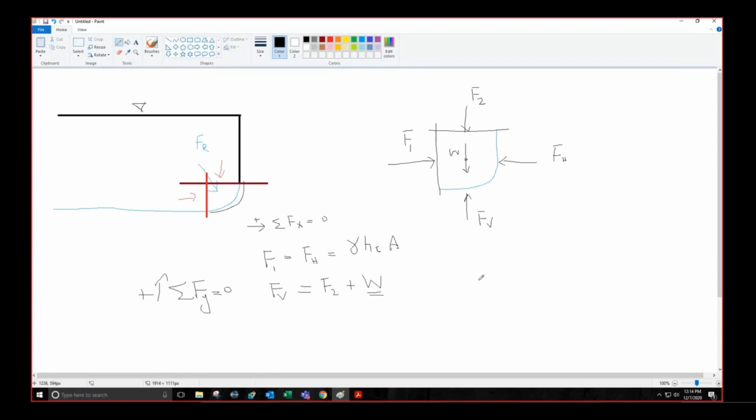So you will resolve that into two components, W1 plus W2, depending upon the weight of the gate and the weight of the fluid. And F2 is the force on this projected surface, which is again gamma h into A, plus W being the weight of the fluid plus the weight of the gate or weight of the body. Okay, is the point understood? Is it clear?